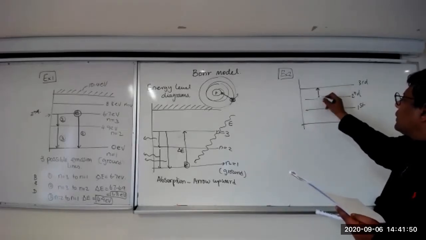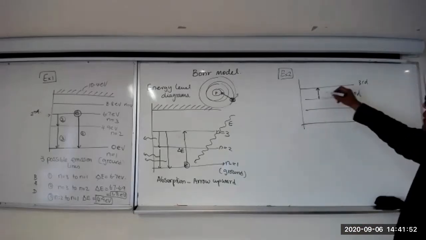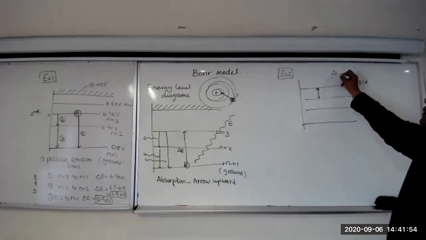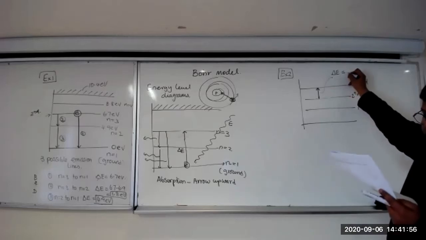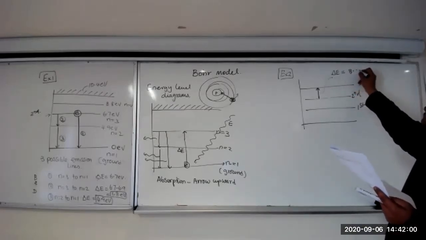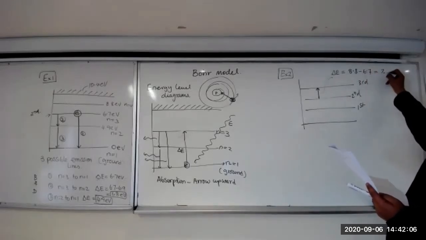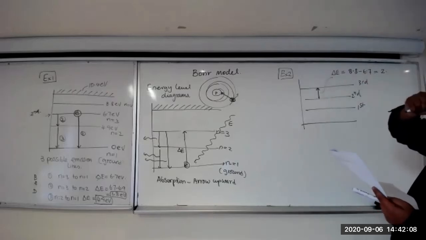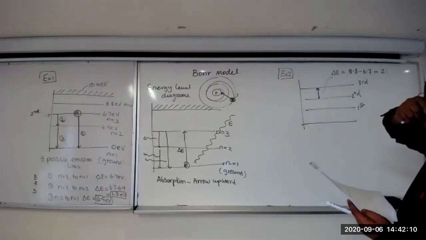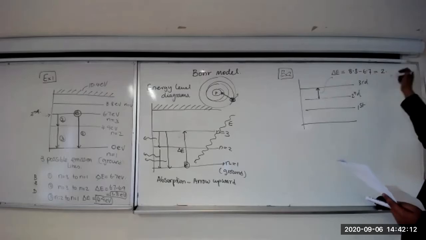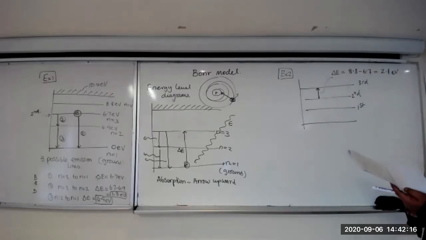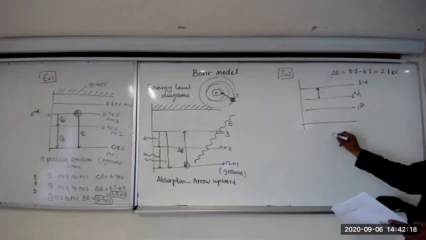Don't put 2 arrows, just one head. The energy difference between the third and second one is 8.8 take away 6.7, which is 2 point something, 1.8 plus 2.1 eV. It's 2.1. So answer C.